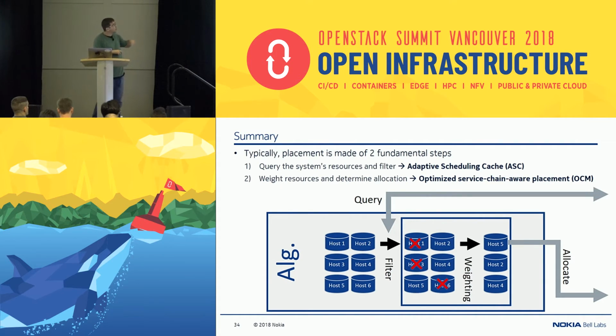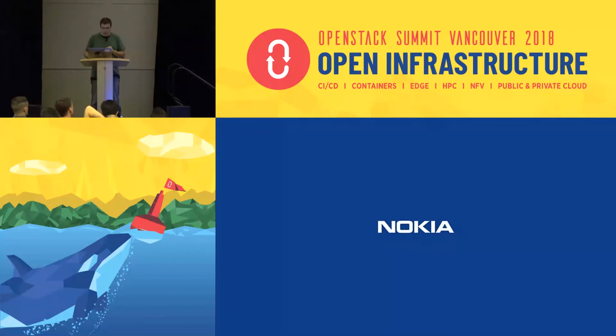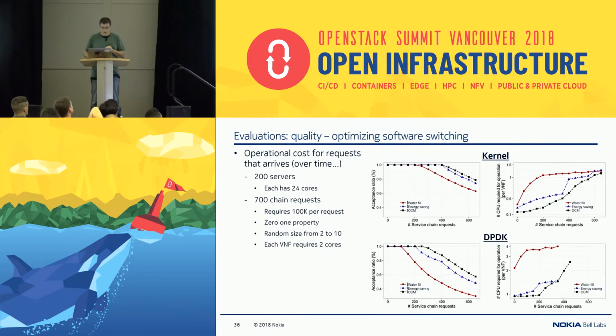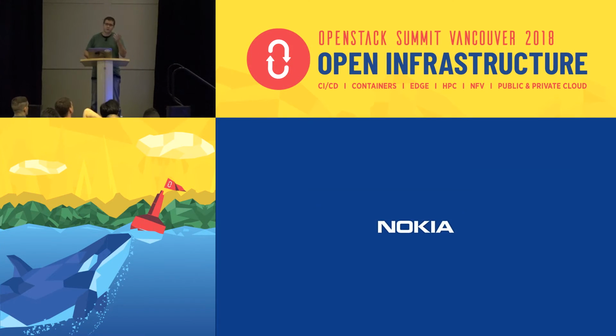For the second part, where we weight the resources and determine the allocation, we have shown you an optimized service chain aware placement, OCM. I prefer to stop here, so I think this is it.